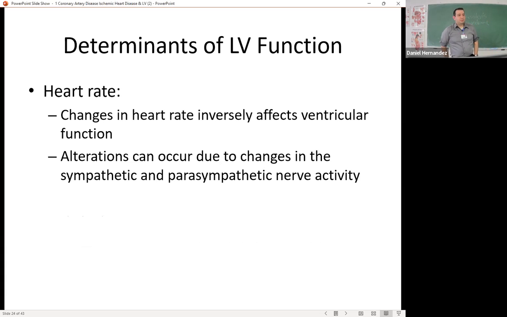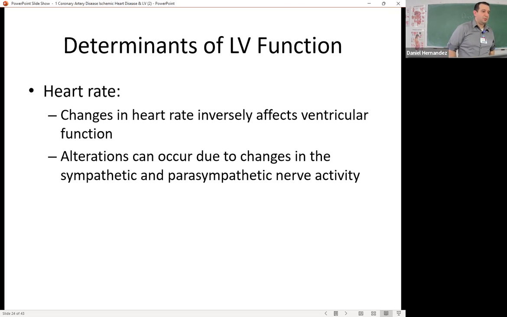The other determinant of LV function is a patient's heart rate. The reason we have the statement that heart rate inversely affects ventricular function is that as heart rate goes up, the period of diastole gets shortened.